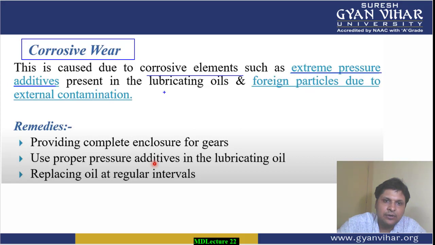Whenever there is motion between two parts, we lubricate the parts, and if some extreme pressure additive is added in the lubricating oil, it causes corrosion. One more corrosive element is foreign particles like dirt and dust.